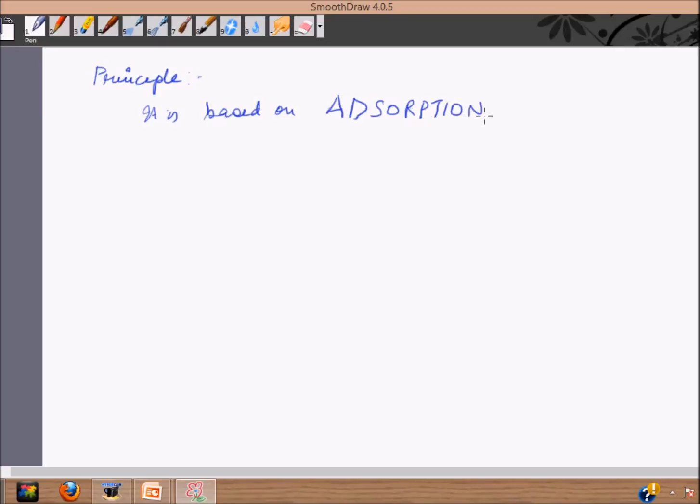Now, friends, what is adsorption? Adsorption is another term we use.